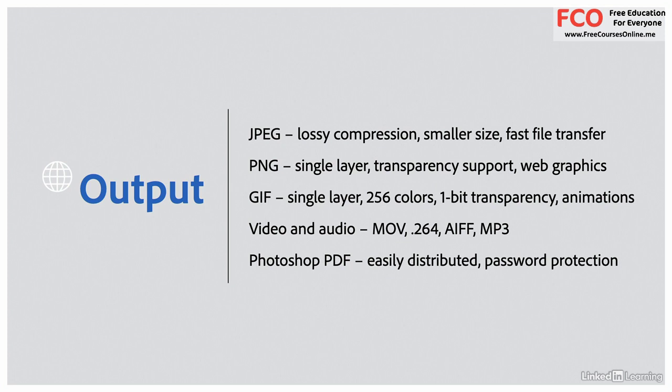Now, the GIF file format is also a single layer or a flattened file format. It has lossy compression applied, but in a different way than a JPEG. So, to save as a GIF file, you have to convert your image to a different color mode called Indexed Color, which only allows 256 colors. Because of that, this file format is also commonly used for graphics like logos or more flat looking artwork.